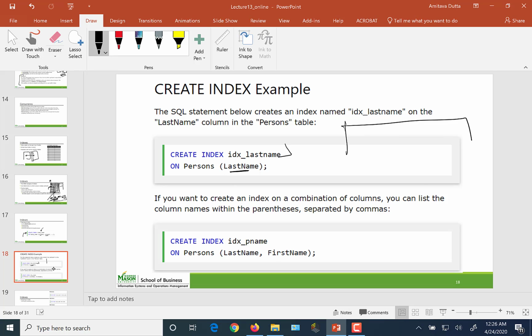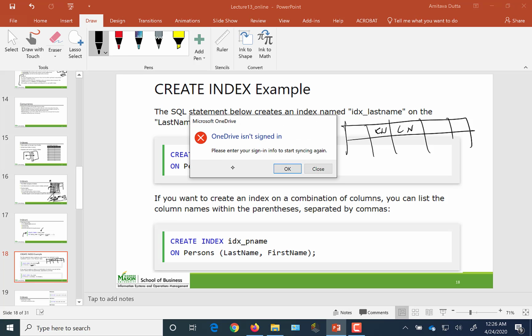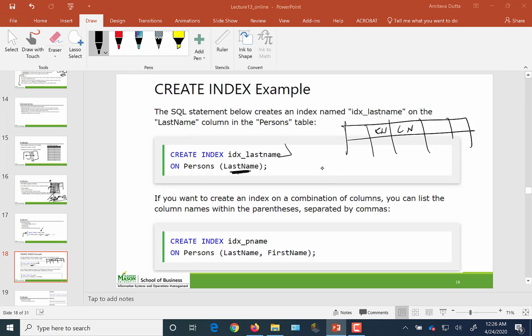So if you have a customer relation with first name and last name, and you create an index on last name, it simply means that all the records which have the same last name, so all the Smiths, are grouped. The index would say Smith shows up in record number 62, in record number 121, in record number 344, in record number 345.